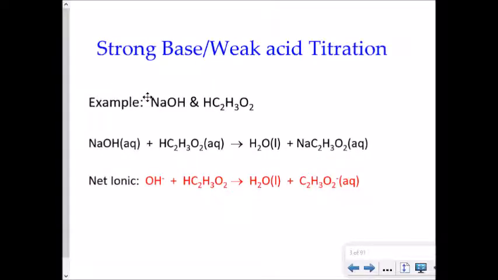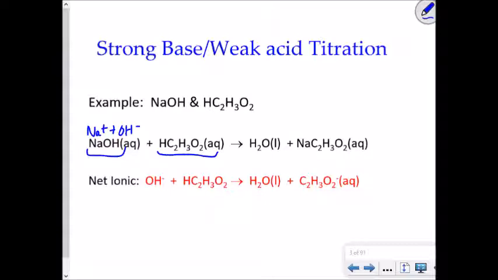However, if we're looking at our strong base, weak acid titration problem, we're looking at the net ionic here. You would remember too that the sodium hydroxide would break apart, so you'd have your Na plus, OH minus here. Because acetic acid, that's acetic acid or vinegar, is a weak acid.